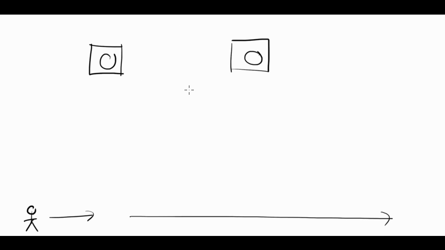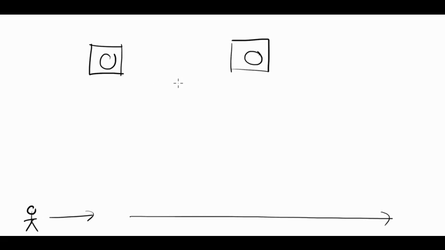A typical exam question will ask what you will hear as the person walks along the front of these two speakers, assuming the two speakers are playing equal frequencies. Well, the answer is you will hear the volume go up and down as you walk across in front of these two speakers. So how do we explain what's going on here?